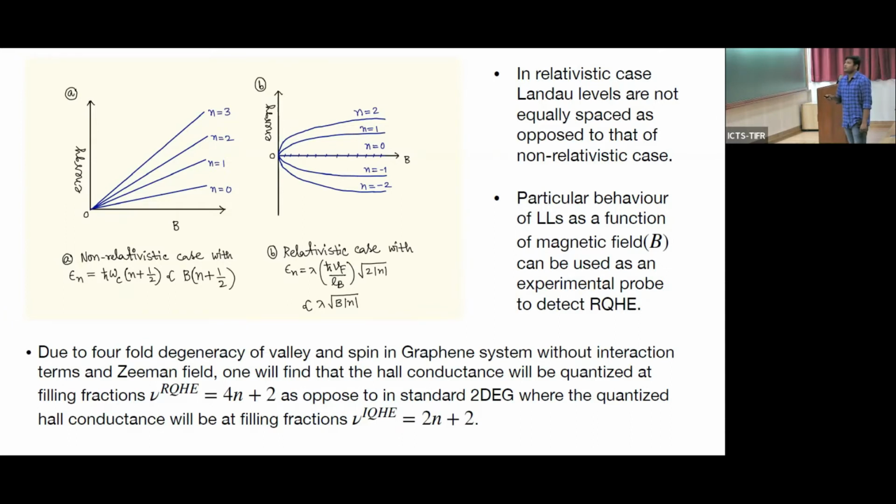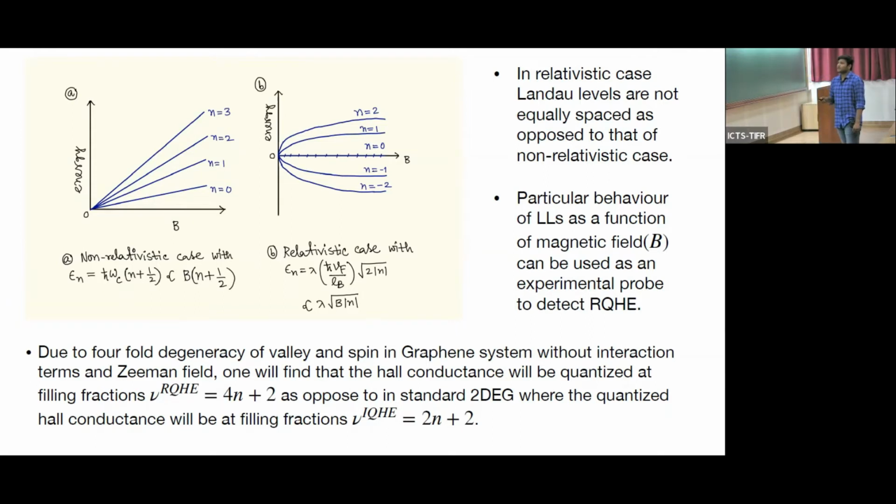But for graphene, it is square root of n, and the gaps keep decreasing as you go higher and higher in Landau levels. These behaviors with respect to a perpendicular magnetic field help you detect whether your material shows a relativistic quantum Hall effect or a 2D integer quantum Hall effect.